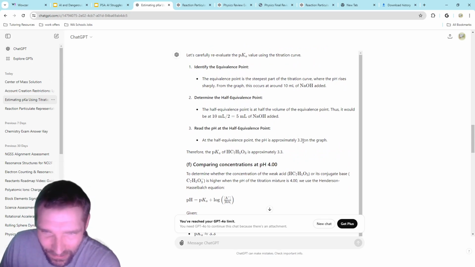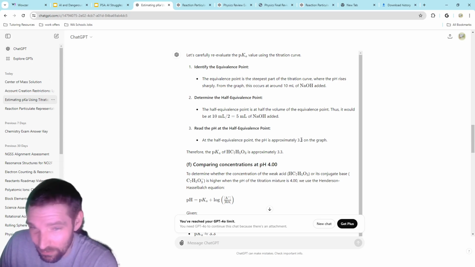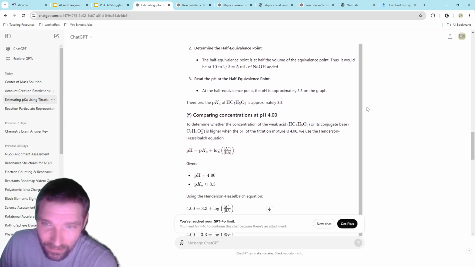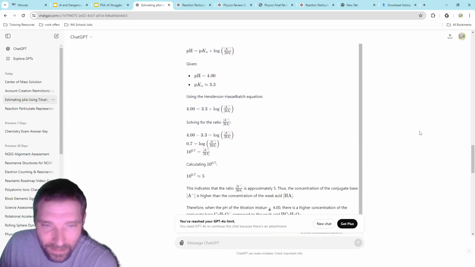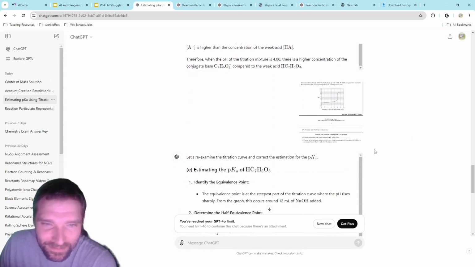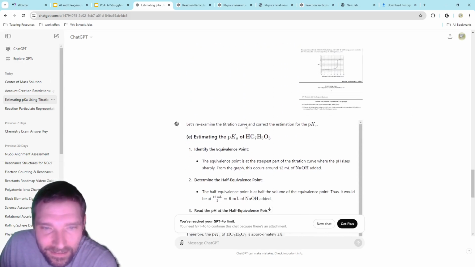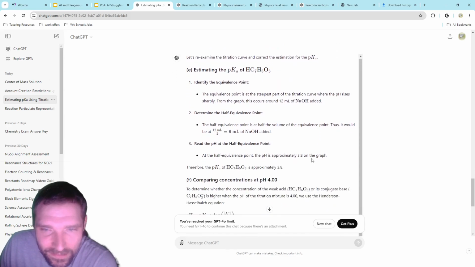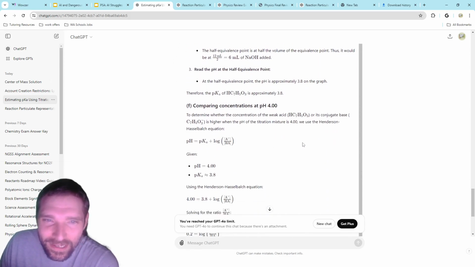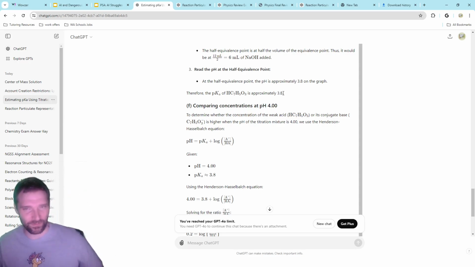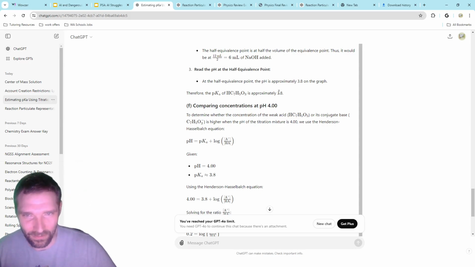And it got closer, but I'm not sure why it gave me 3.3 because it really should be 3.0. It doesn't look like a 0.3 on the graph. And then I had it try and do it again, and it gave me a different answer that was further off from the correct answer of 3.